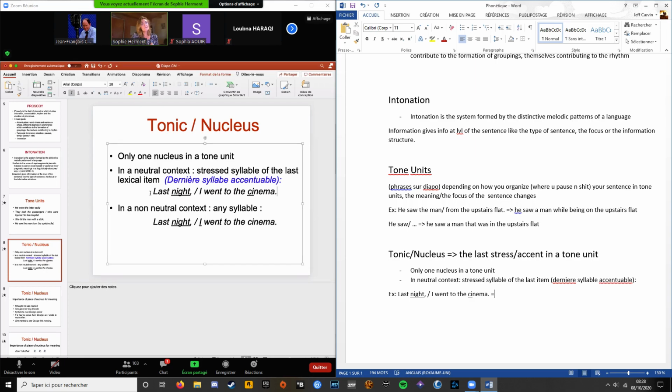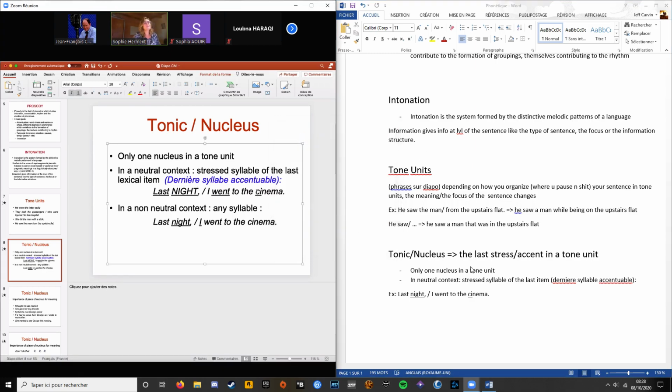If I wanted to underline all the sentence stresses, I would have this. These are all the sentence stresses, and my nucleus is maybe here, if I write it in capital letters, I'd have this. So the nucleus is the last sentence stress.